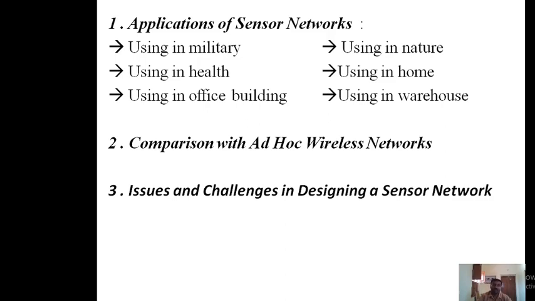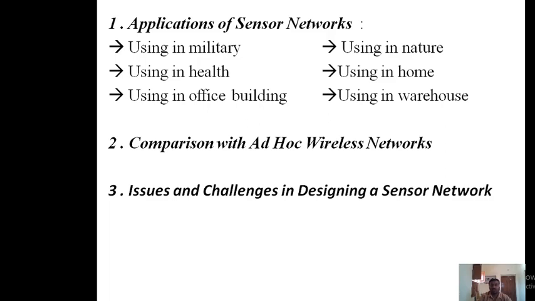Coming to the first point, applications of sensor networks: sensor networks are mainly used in different areas. Some of them are the military environment, finding natural calamities, the health sector, and also in homes.